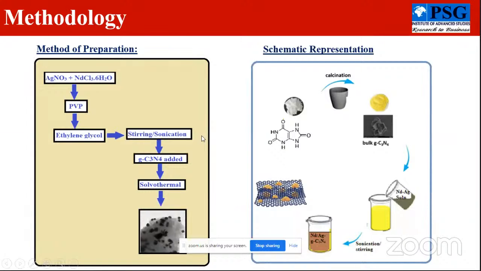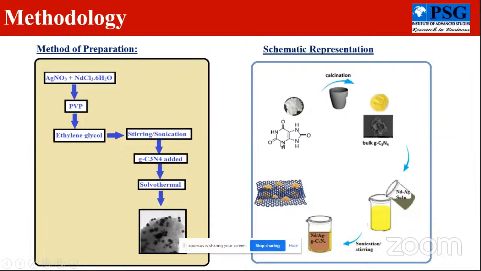Then we added the prepared g-C3N4, which is prepared by simple pyrolysis of uric acid at 570 degrees Celsius for 3 hours. The solution is then sonicated, and we carried out the solvothermal treatment at 180 degrees Celsius for 12 hours, followed by washing and drying, which leads to the formation of AgNd decorated g-C3N4 nanosheets, as shown here.